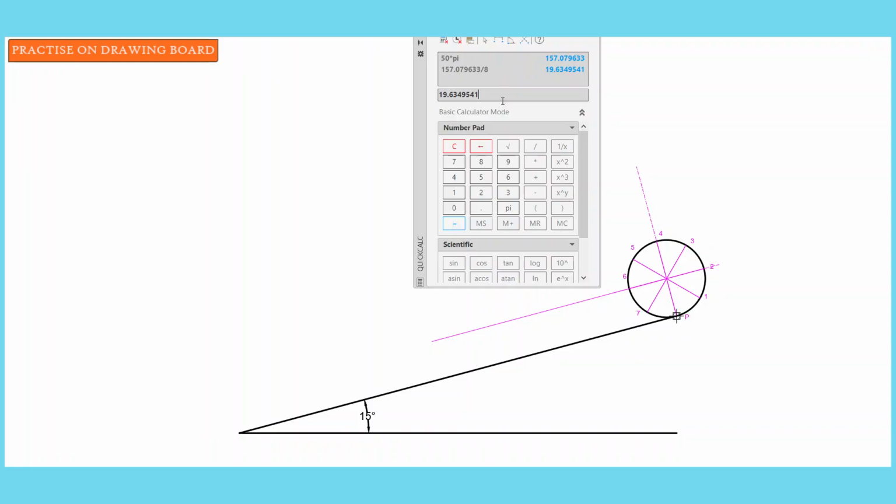Then we need to divide that center line into 8 equal parts. So 157 or pi d divided by 8.